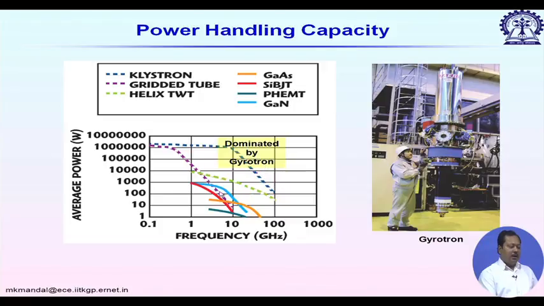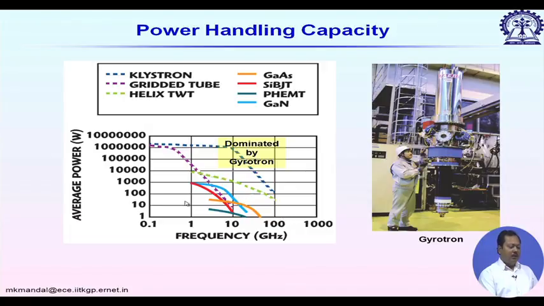applications. Now, looking at the different solid state devices, we have devices based on gallium arsenide technology and gallium nitride technology, with examples such as HEMT and BJT. Again, for these solid state devices also, power handling capacity decreases with increasing frequency.